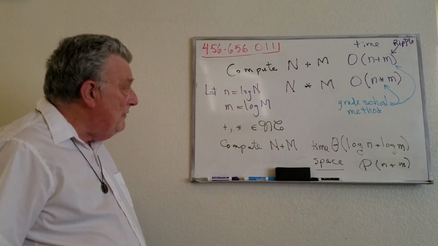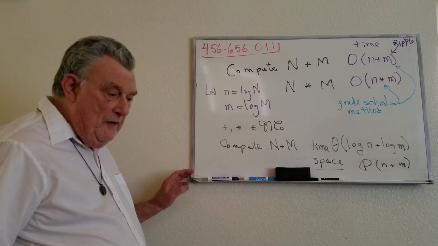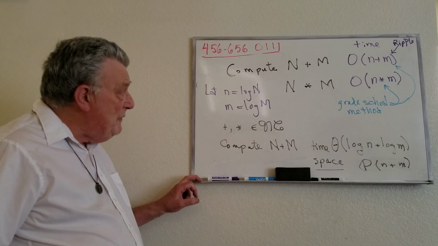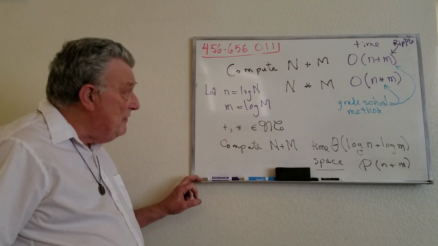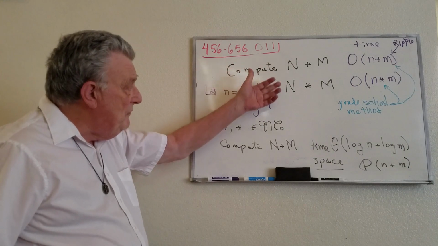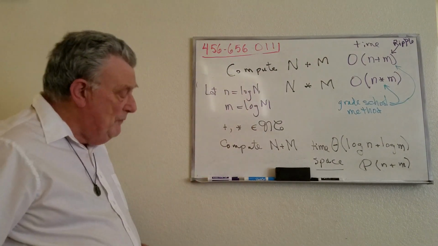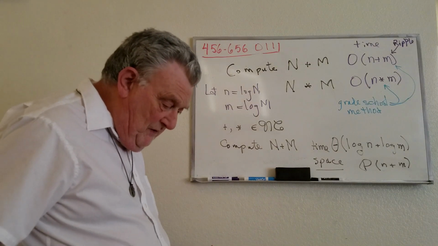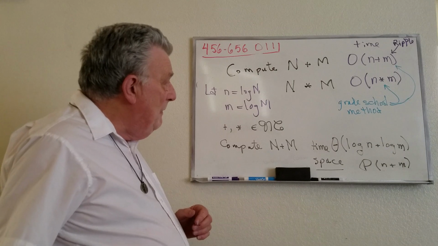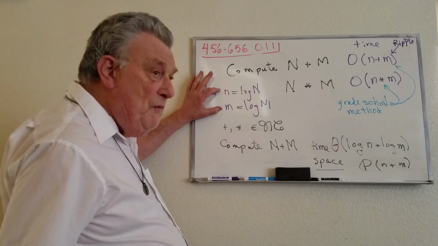All right, now here's an example of a practical problem where we're making use of these two ways of looking at numbers. Suppose that N and M are fairly large integers, and we need to compute either the sum of the two numbers or the product of the two numbers. And of course, both numbers are inputted as strings of bits, and the outputs are also strings of bits. Now, we're going to reduce these to the number of bits.